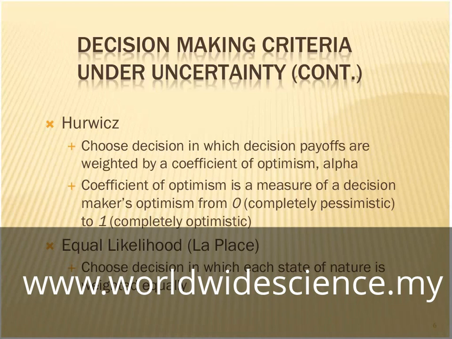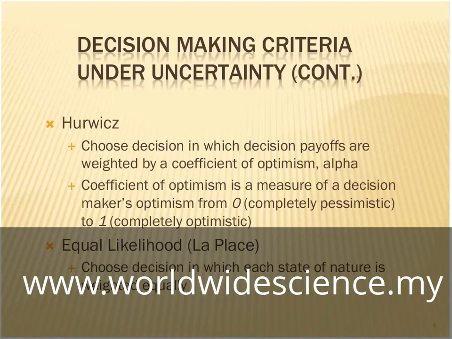Choose the decision in which each state of nature is weighted equally. For example, you allocate an equal weight to each state of nature. If you have two states of nature, low demand and high demand, you should allocate 0.5 to low and 0.5 to high.